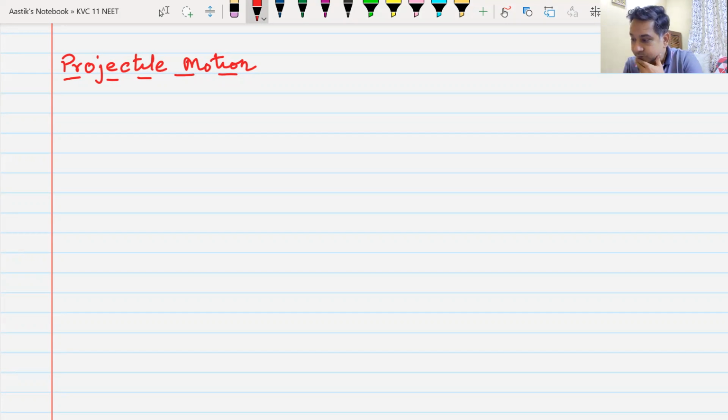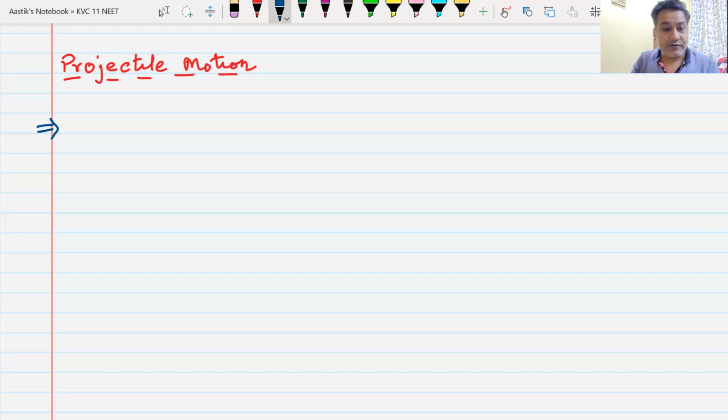Where have we done this, if we have done this? Remember, when we talk about projectile motion, there are certain things that you must remember.